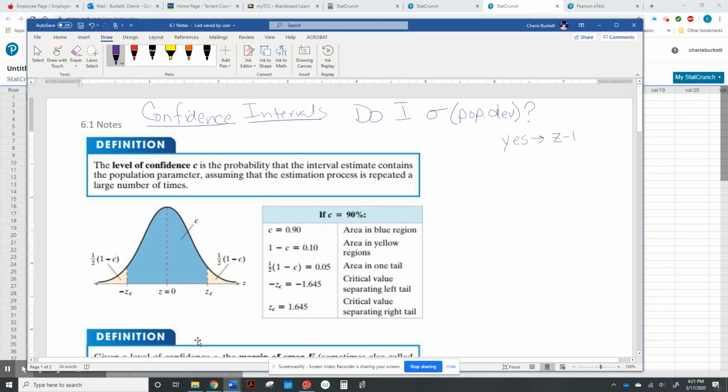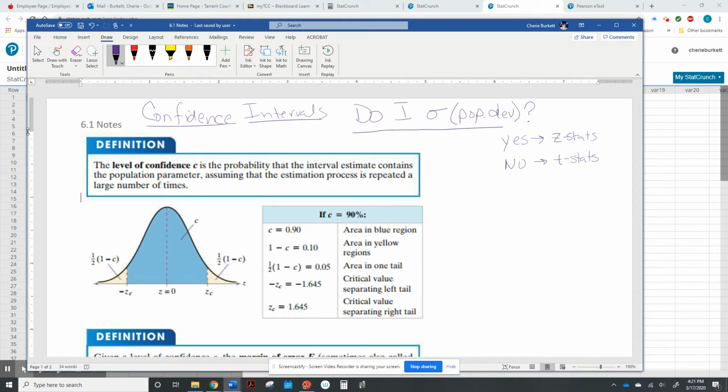You'll be using z-stats. And if the answer is no, you'll be using t-stats. Okay, so that's why that's the very first question you'll need to ask.